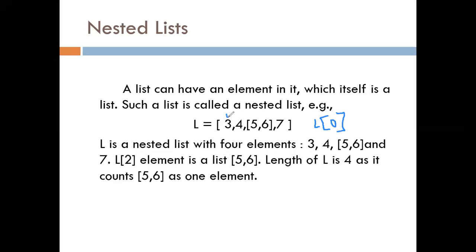So this will have the index value 0, this is 1, this is 2, and this is 3. It is 4 elements because when we count, we count from 1. So L is a list with 4 elements. These are the index values, and list element 2 in itself is another list. So the length of L is 4 because it counts 5 and 6 as one list.